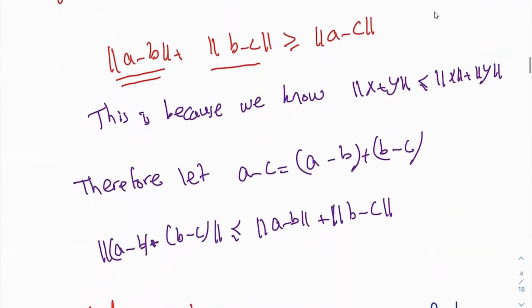Now, let's see how we can actually see this using the triangular inequality for the norm, right? Let me write A minus C in terms of A minus B plus B minus C, right? So when you add them up, the B's cancel out, negative B and B, so you get again A minus C. Let's apply the triangular inequality we had as one of the properties of a norm here, right?